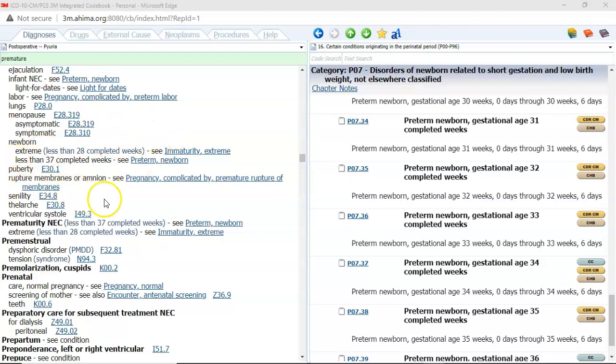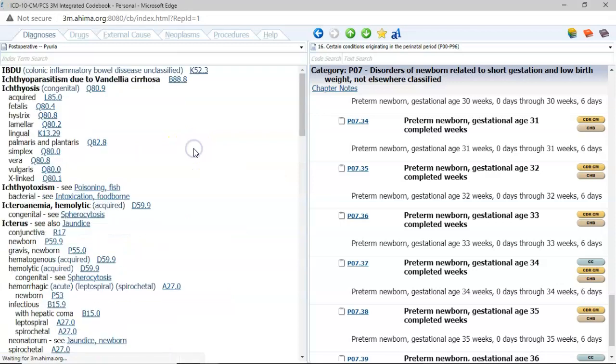newborn, and it says extreme, see immaturity extreme, less than 37 weeks, preterm, newborn. So premature is a good spot to come to get the link to find these codes.